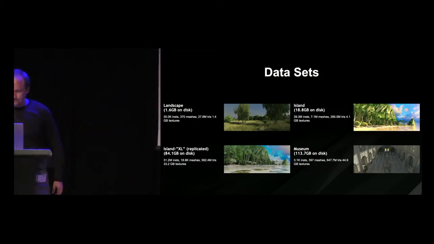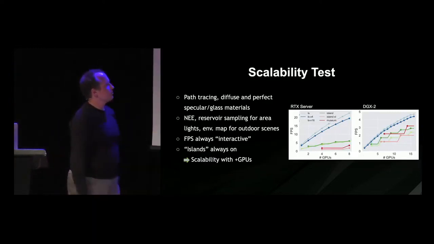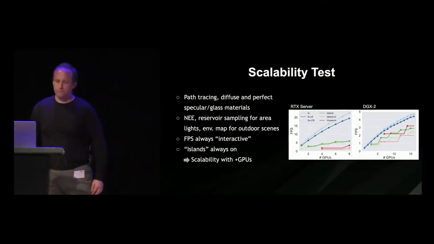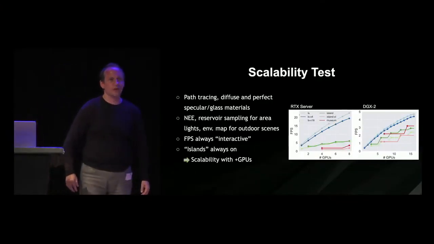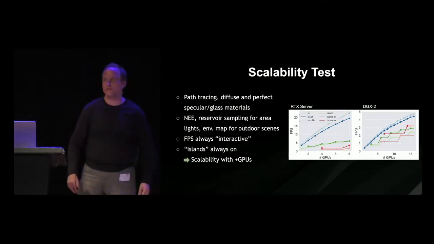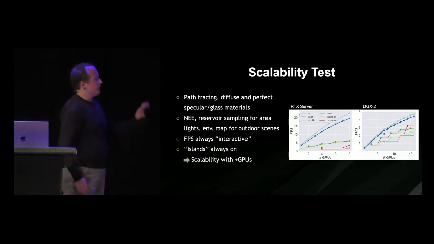We performed several tests, but particularly a scalability test, because we're interested in the scalability of our system, where we implemented a simple path tracer on top of our framework, nothing fancy. It uses a bit of next event estimation, reservoir sampling for some area lights, environment lighting, diffuse BRDFs mostly, and some specular BRDFs for water surfaces, like in the Moana Island or the landscape where there's water. And then we evaluated this, and these are our results.